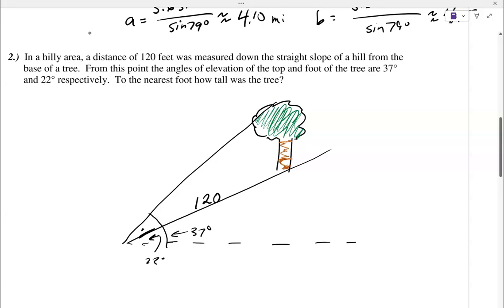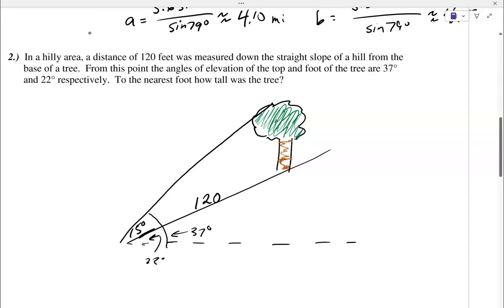Now, can we figure out the one in the middle, though? Yes, subtract the two angles. So in here it'll be 15. Gosh darn it. Here it'll be 15. Now, I think we're going to need one more angle to help us figure out the height of the tree, right?